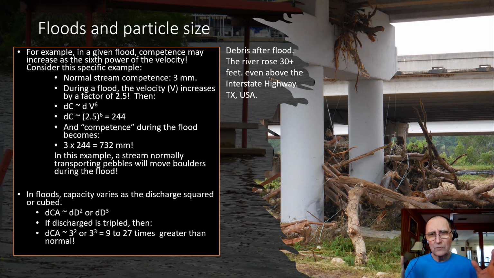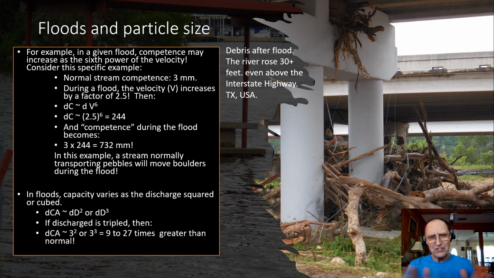Here I want to illustrate for you the example of how both competence and capacity increase during floods. By the way, the picture that you see here is debris that has accumulated after a flood in Texas in 2015. The river actually rose more than 30 feet, even above the interstate highway that you see here.